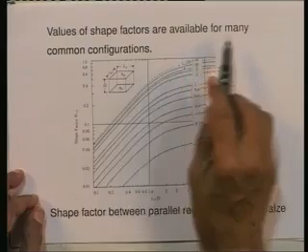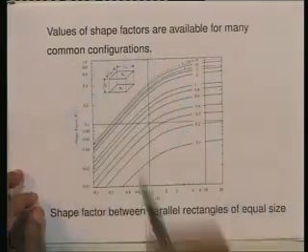For a variety of common situations which occur in practice, we have shape factors calculated by other people, and we use those for doing our calculation. We do not sit down and try to evaluate double integrals most of the time. So, I will say values of shape factors are available for many common configurations.